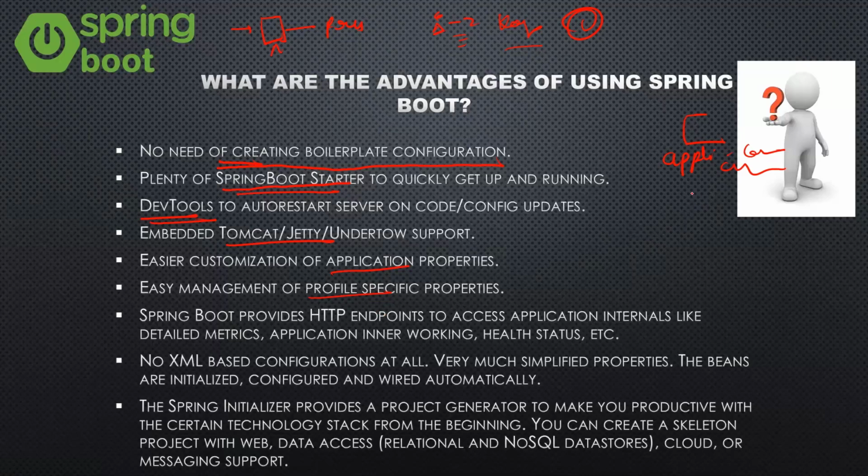Let's say we normally have a dev server for development, QA for testing, and stage, and then prod. These are kinds of profiles. Whatever profile you have set, the relevant property file will be picked up from the same location.